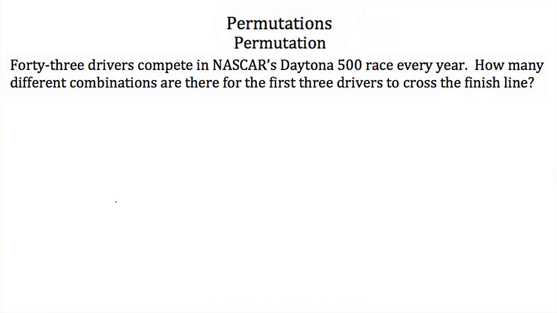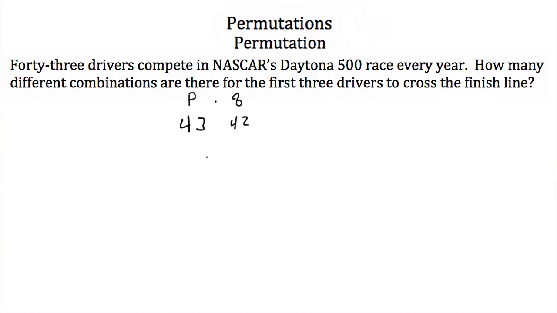So there are 43 different possibilities for the winner of the Daytona 500. So this would be P. Now Q, this is all the different possible ways that somebody can finish second. Well, there are 42 different ways that some driver can finish second.